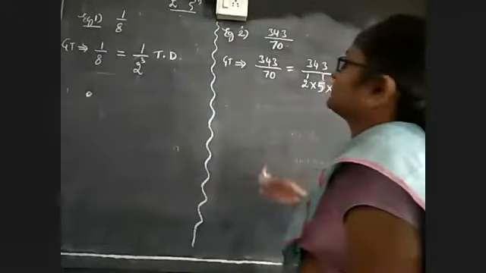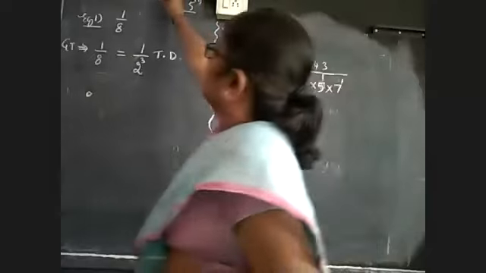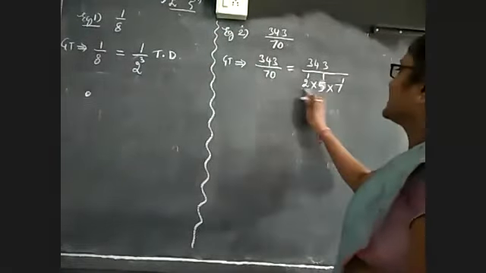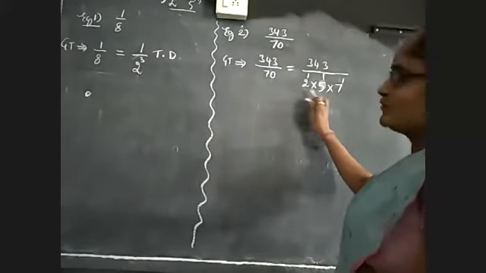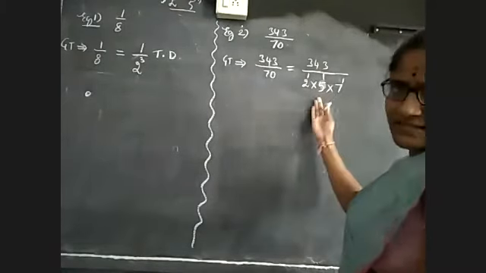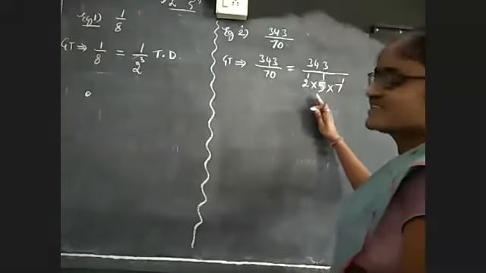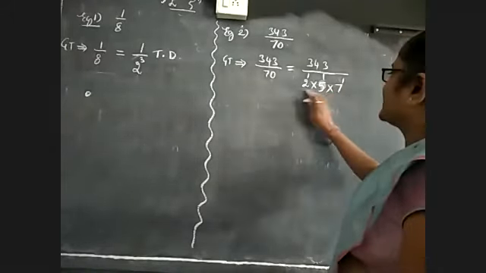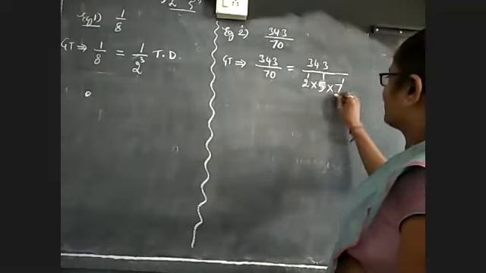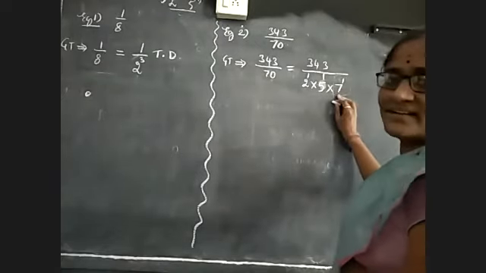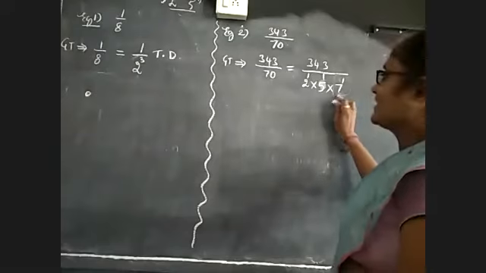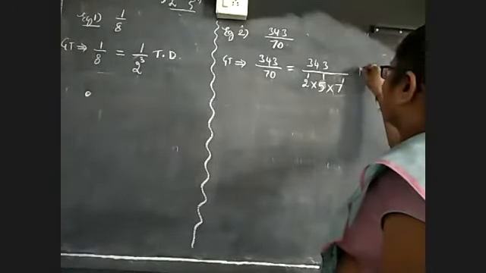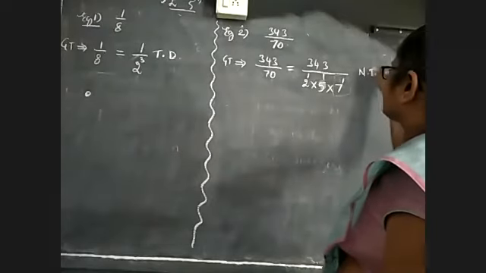By the theorem, if the prime factorization of Q is not in the form of 2 power n, 5 power m, it is non-terminating. The prime factorization of 70 contains, other than 2 and 5, one more prime factor, 7. Can I conclude it is a non-terminating decimal?